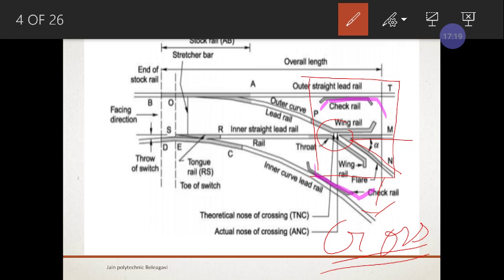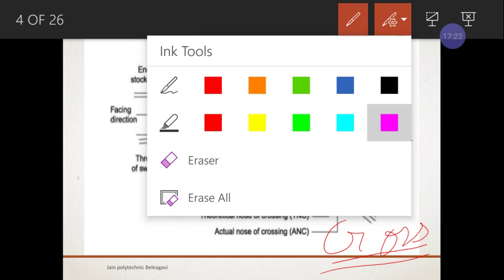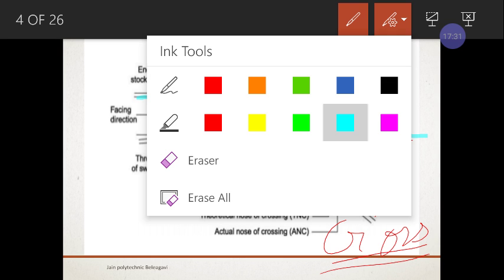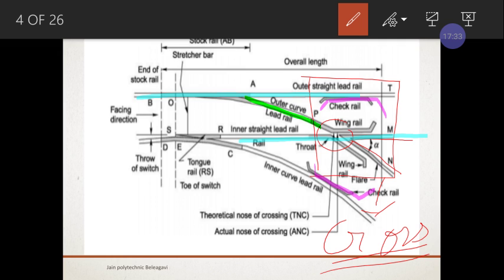So this is your main track, and this portion is your branch track. So understand which is the main track and which is the branch track. And if you see, the branch is branching out on the right side, right?